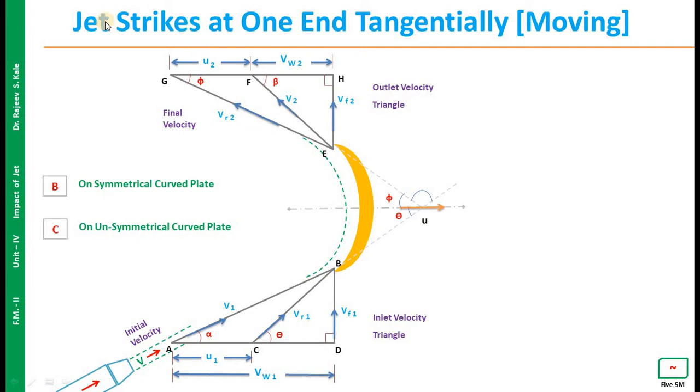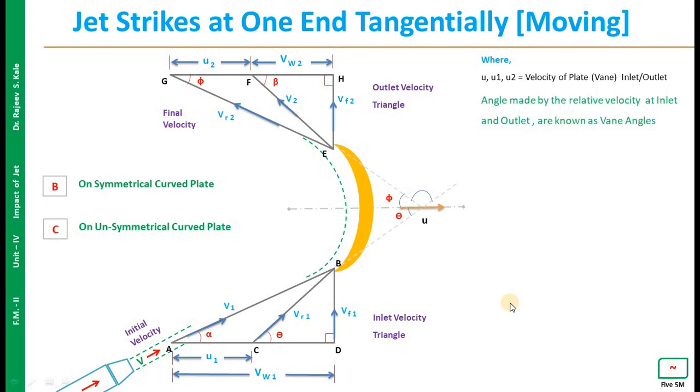So in such a situation, you have to draw the inlet velocity triangle and outlet velocity triangle to understand the various velocity components acting over the plate. We will study in detail in the subsequent sections.